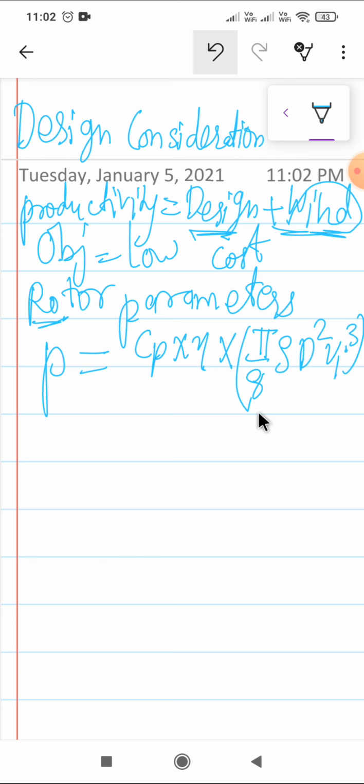So where did this pi by 8 come from? That is 1 half m dot Vi square.